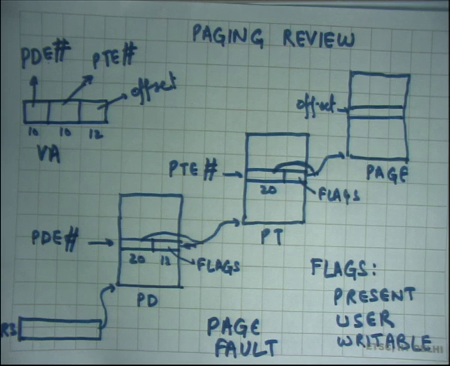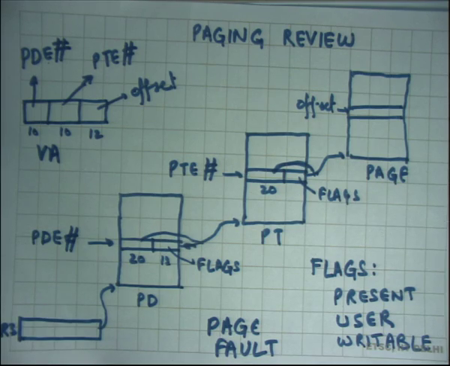In segmentation we saw that such a problem was solved by ensuring that when a segment descriptor gets loaded, it gets cached into the chip. So you don't need to access memory to get the base value each time, the base value is just cached on chip.